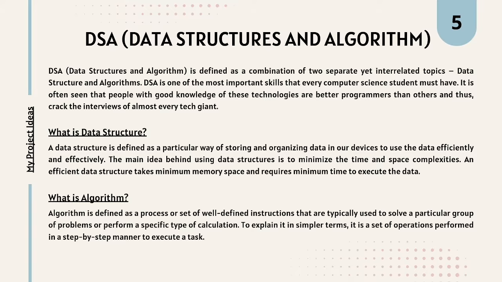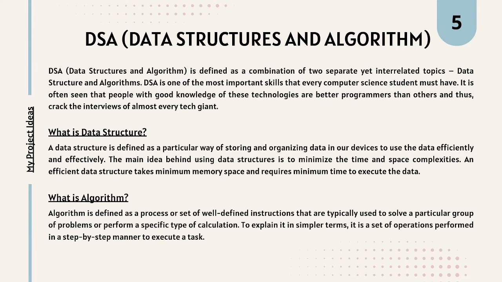So what does an efficient data structure do? It takes minimum memory space and requires minimum time. What is an algorithm? It's a process or a set of well-defined instructions that solve a particular group of problems or perform a specific type of calculation. If you have been through coding before, if you have been through problems before, first what we do, we create an algorithm, we make a flow chart, after which we go to the coding part.